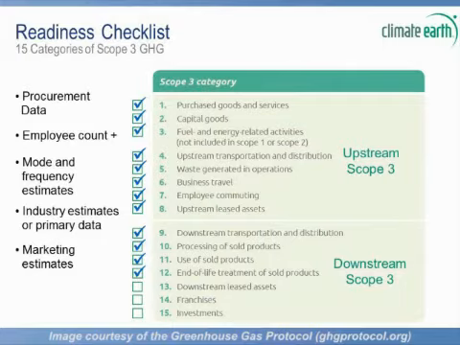Now, the last three buckets, downstream leased assets, franchises, investments, will oftentimes be irrelevant to most companies that are not complicated or do not have a lot of subsidiary organizations. But companies that have significant franchise operations that produce emissions or lease assets that require emissions to be used. For example, you may lease trucks.